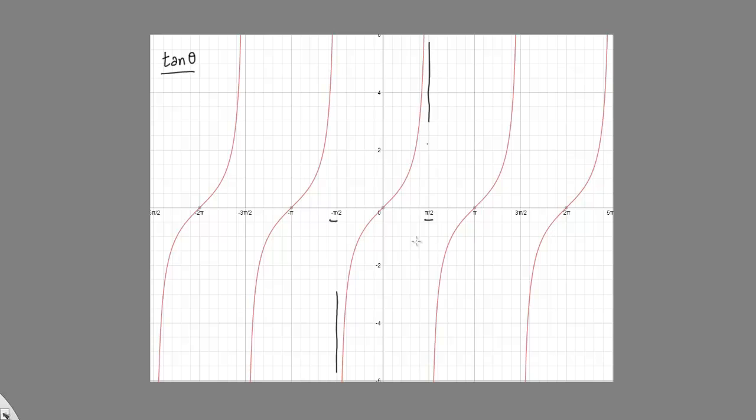Now you repeat the same set here, so you can see this copy of the graph is now repeated again in this interval. From pi by 2 to 3 pi by 2, you have exactly the same copy from minus pi by 2 to pi by 2. So this copy is taken, you copy it and you put it right here.